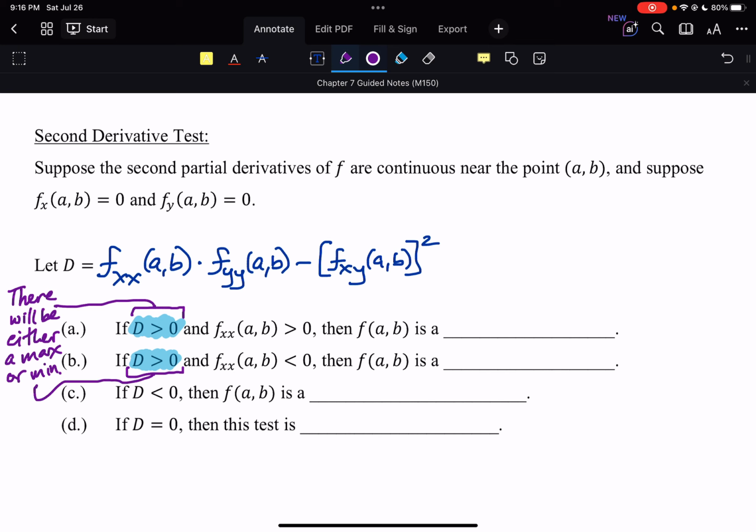But we don't necessarily know which one. So we have a little bit of extra checking to do.